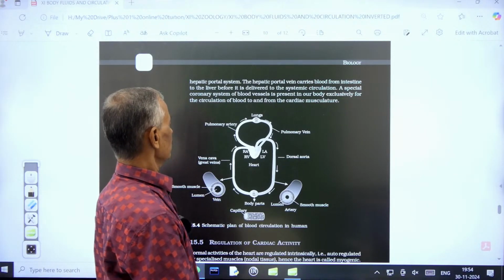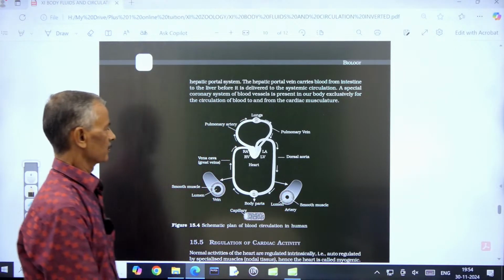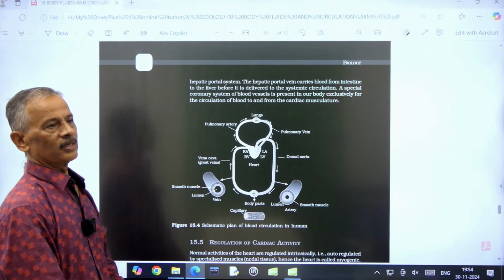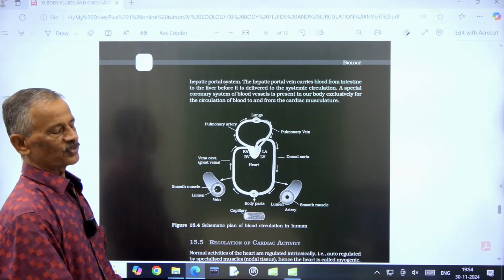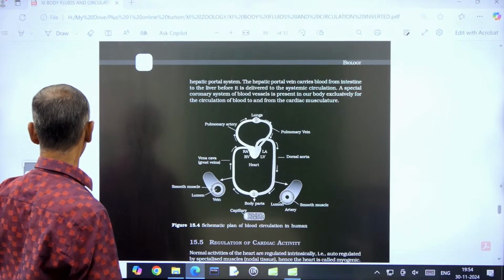The innermost layer is a very thin, flat squamous epithelium which gives a smooth lining.